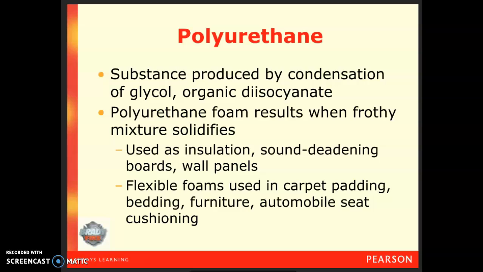As they mix together and form this frothy material, it eventually solidifies, and that becomes the basis of foam. We get these foams that can be used in insulation, sound modification, acoustics, carpet padding, furniture, seat cushions. Pretty much most things that are foam are probably polyurethane foams.